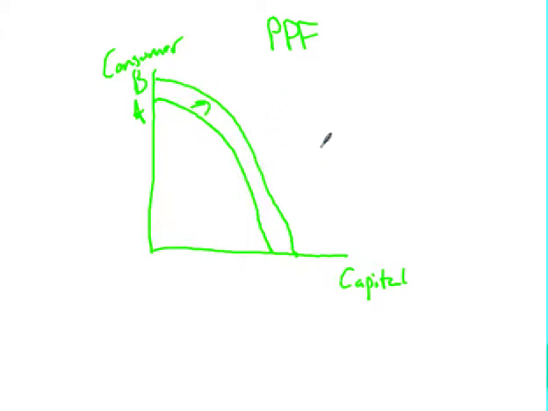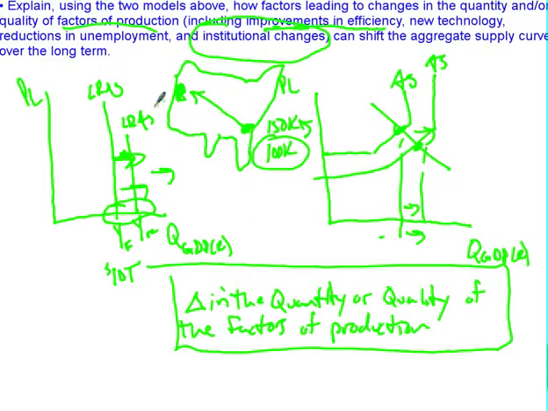So there's a real close connection between the production possibilities frontier, or the PPC, and showing growth with the Keynesian supply curve or the monetarist supply curve.